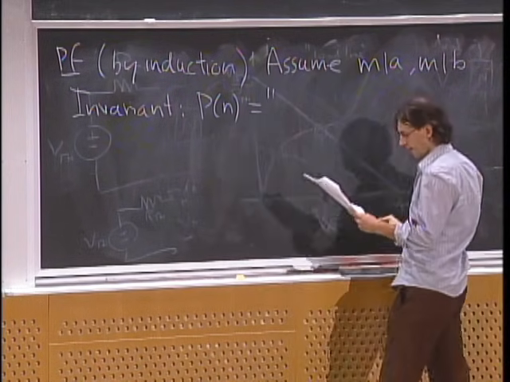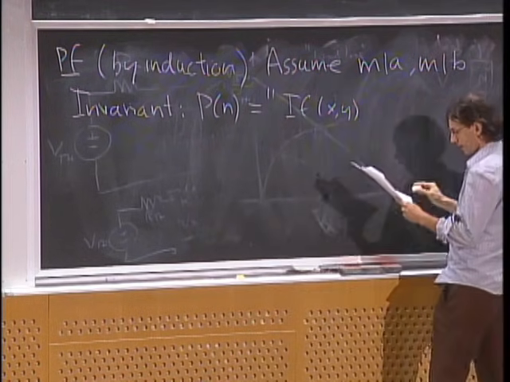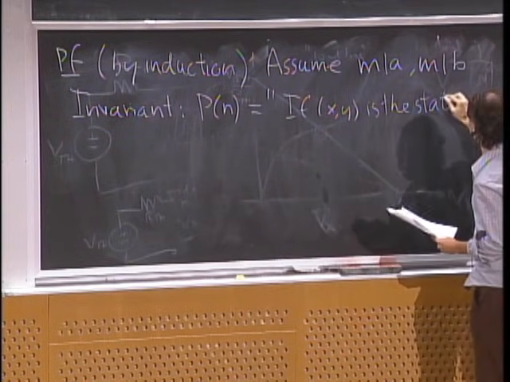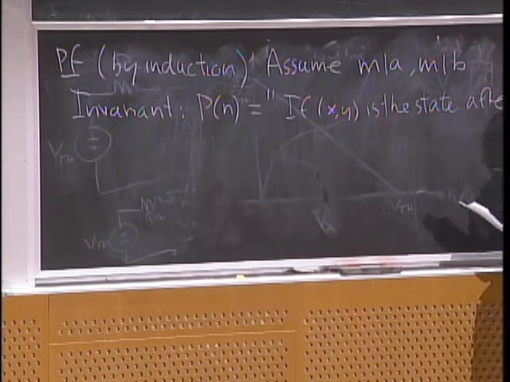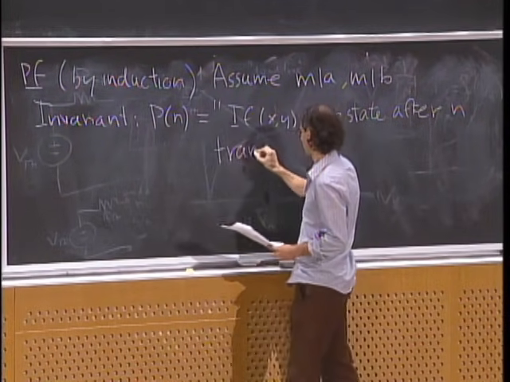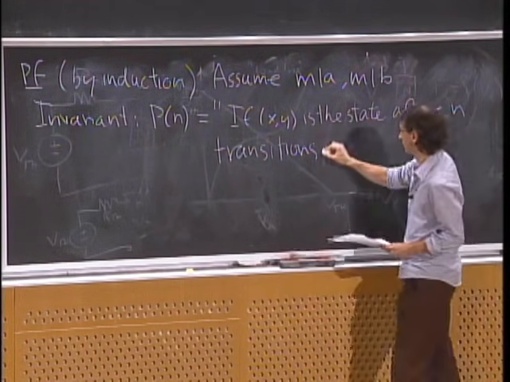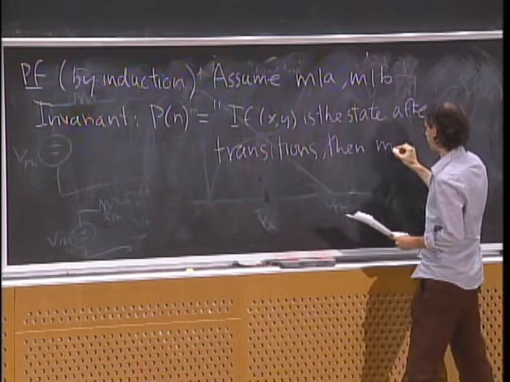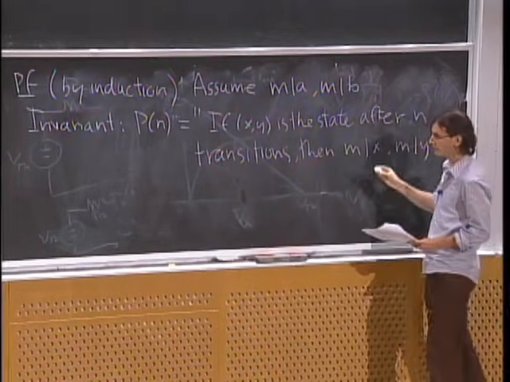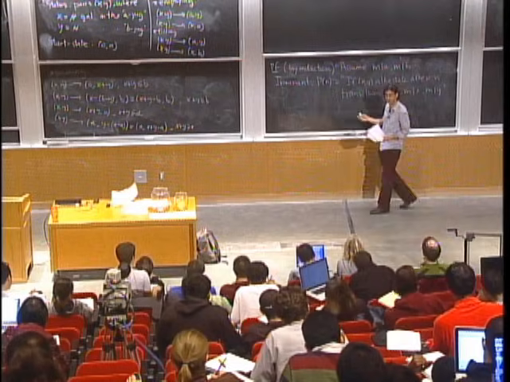And it says something like, if xy is the state after n transitions, then we would like to conclude that M divides both x and M divides y. So this is our invariant, and we would like to use this to prove our theorem.